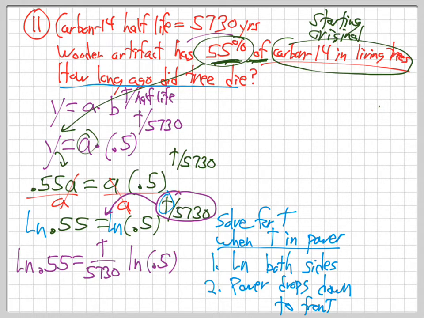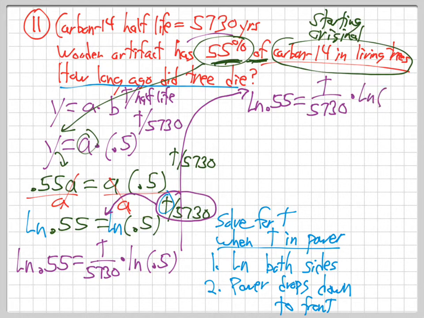Now it's just multiplying the front of the natural log. So let's bring it up here. Got a little bit more work to do, not a lot. ln 0.55 is T over 5730 times ln of 0.5. All right, first step, we're trying to solve for T, right? Let's divide both sides by the ln of 0.5.